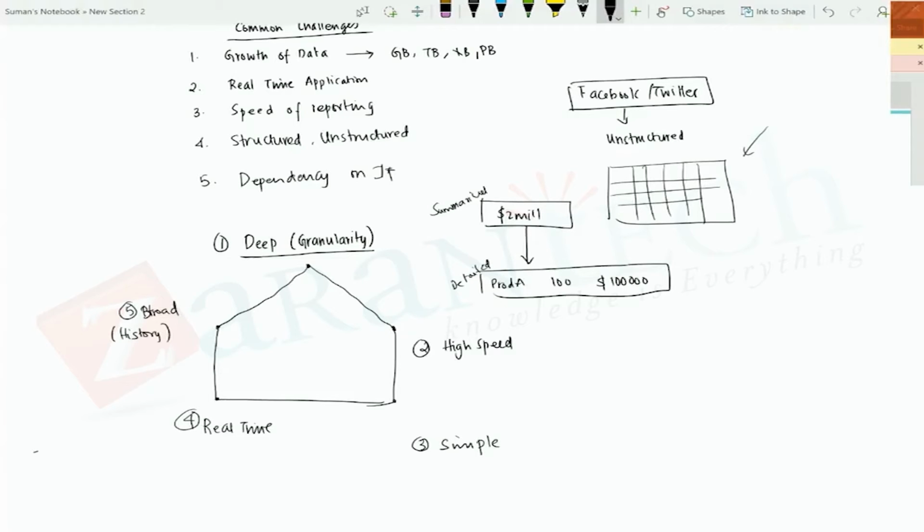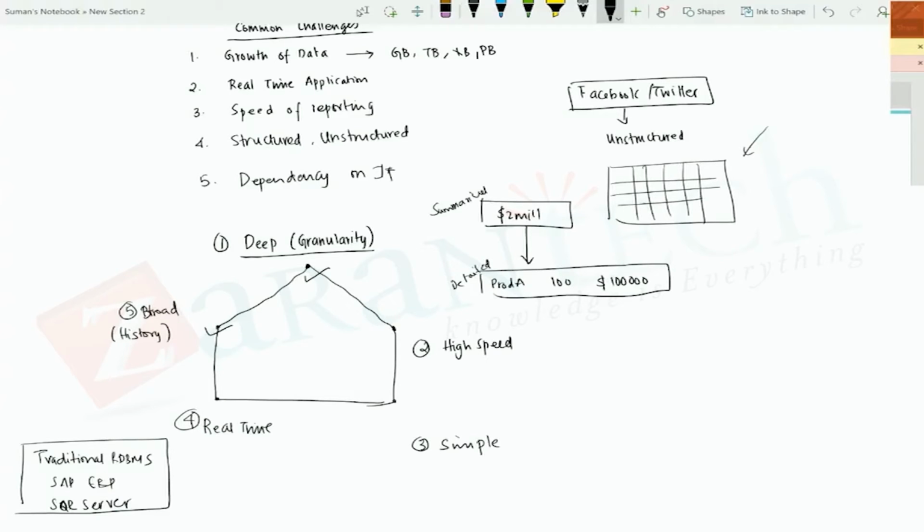If you look at the traditional RDBMS applications, traditional software, be it your SAP ERP, or non-SAP products like SQL Server and so forth, they were able to provide you deeper granularity. That is a given for them. They were able to store large volumes of information.